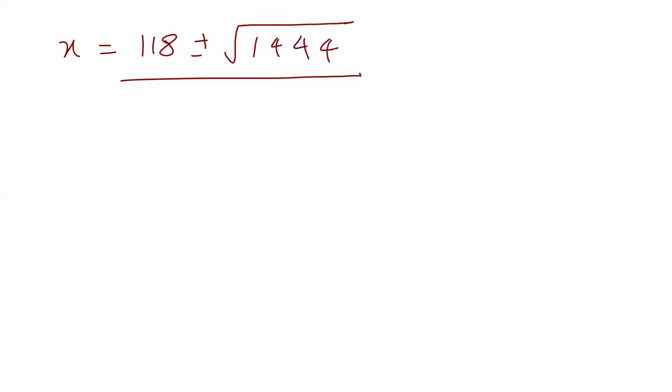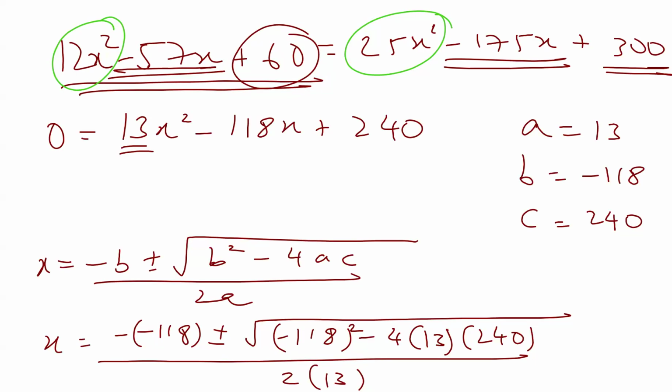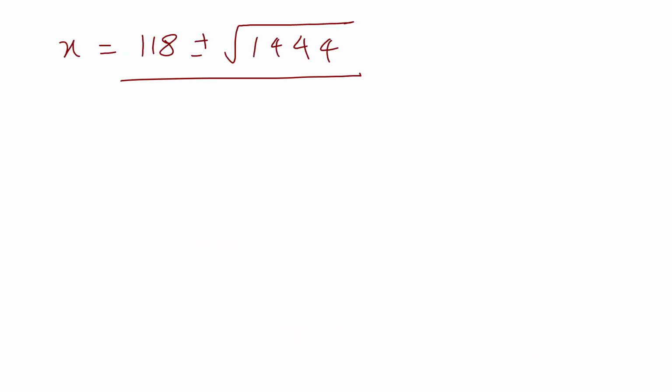So X is equal to 118 plus or minus root of 1444, if you solve the value inside the root, upon 26. Square root of this will be 38 upon 26.